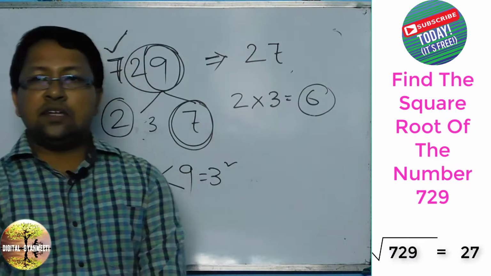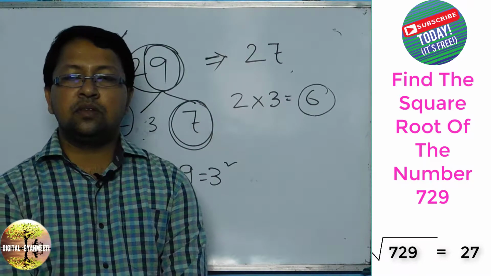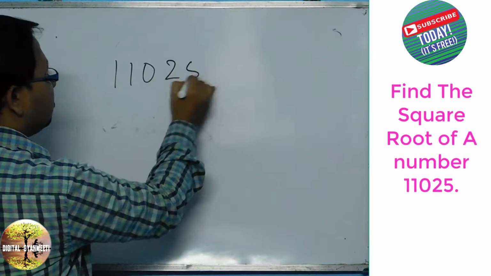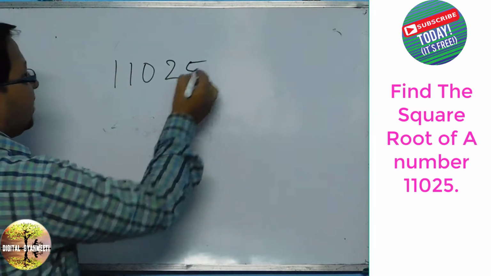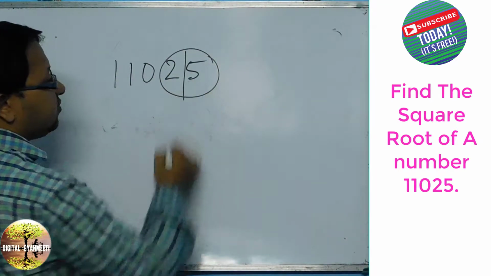Let's do another example just to make sure you understand the steps. Find the square root of 11025. Similarly, we take the last two digits, and the last digit of this is 5.